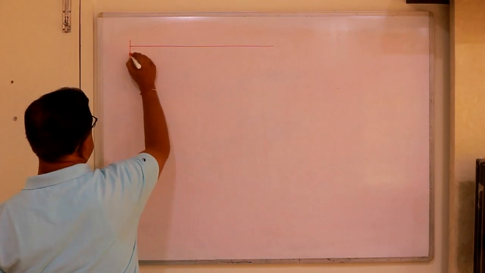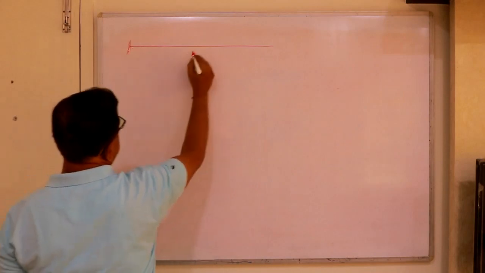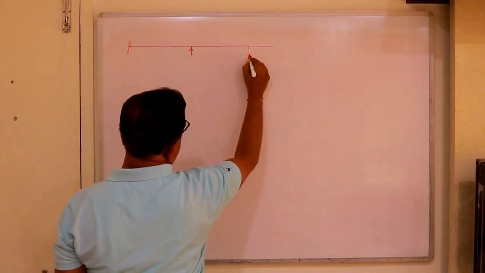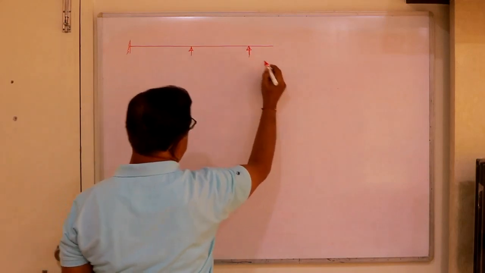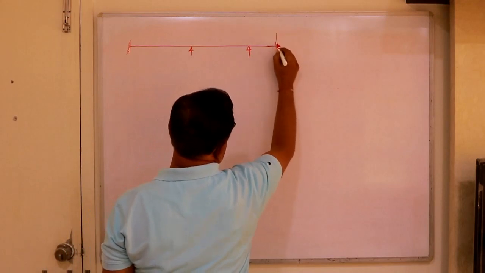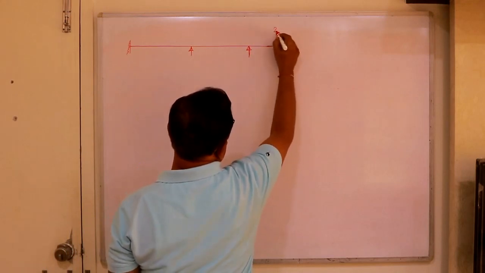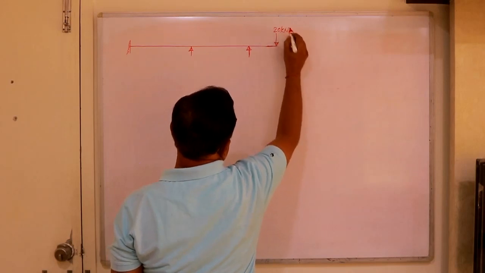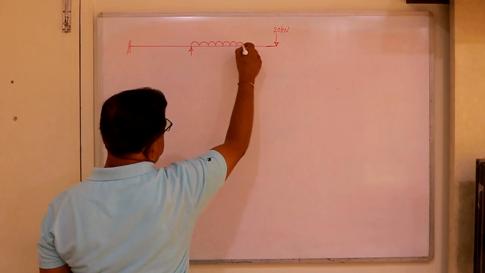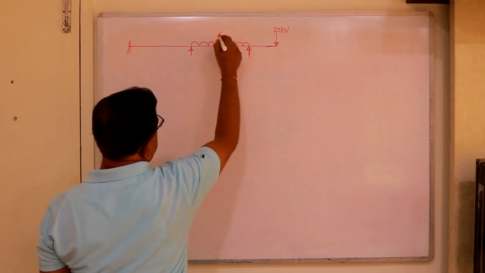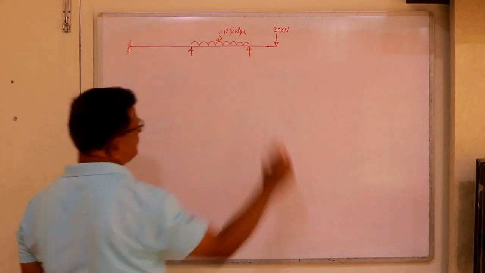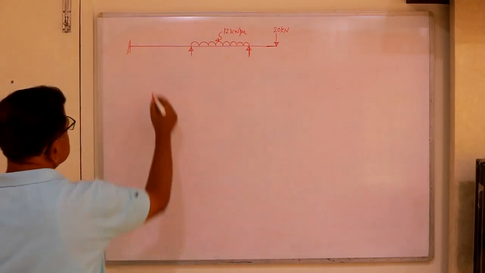Say this is fixed. Take this as a continuous support, maybe a roller, and here say a concentrated load 20 kilonewton, and then you take UDL. Say I am taking 12, it becomes easy to do the hand calculations. Otherwise, any value you can take.